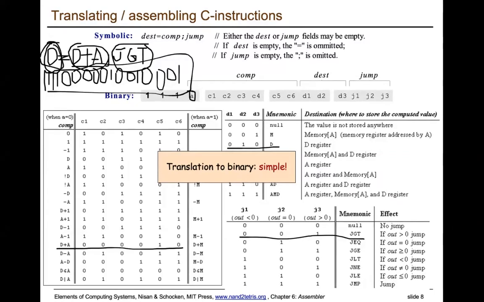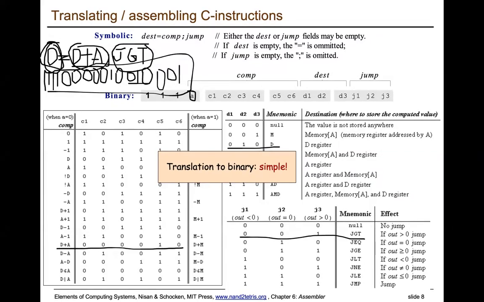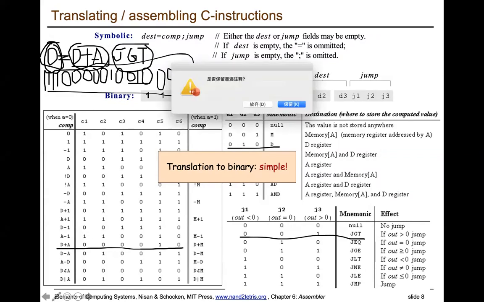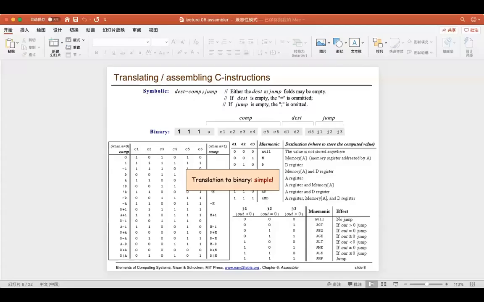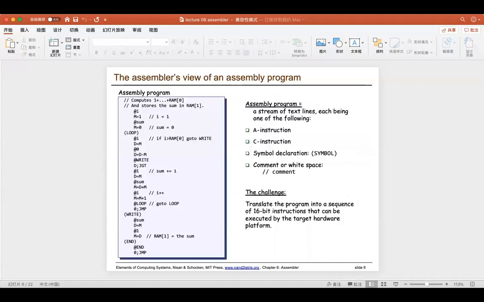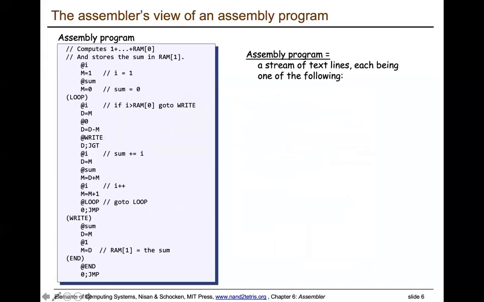This time it is D, so I will look at this table and find the 0, 1, 0 here and fill in. And the last portion is JGT, so when I see this one, it will be there. So it's quite straightforward. Okay, so we finish A instruction and the C instruction.